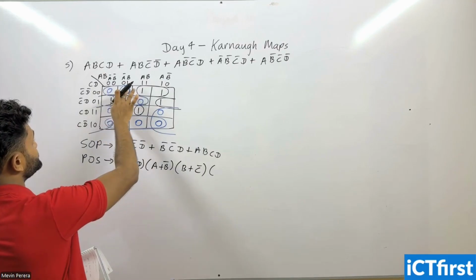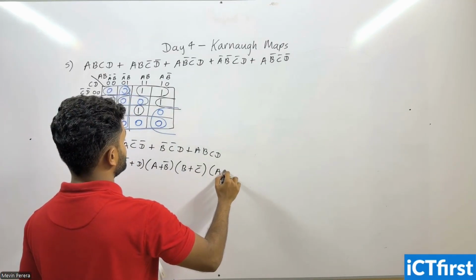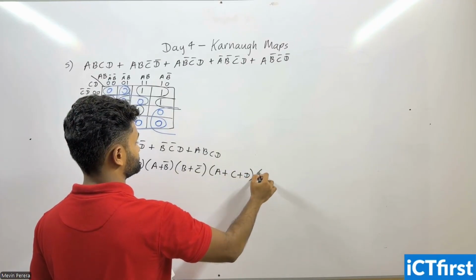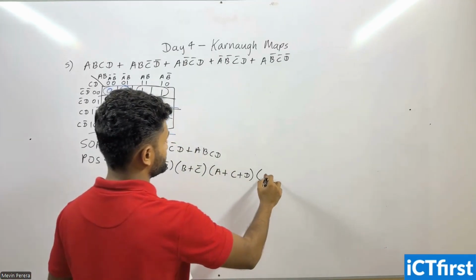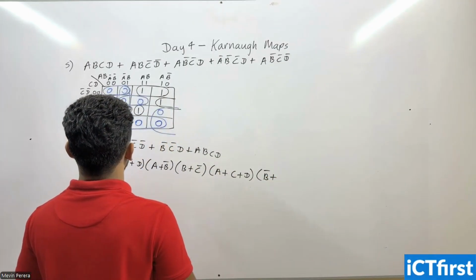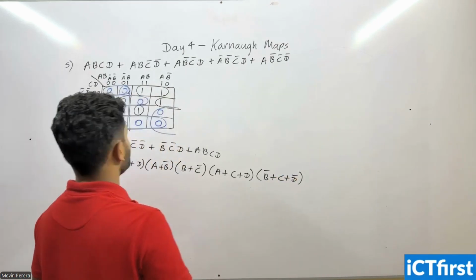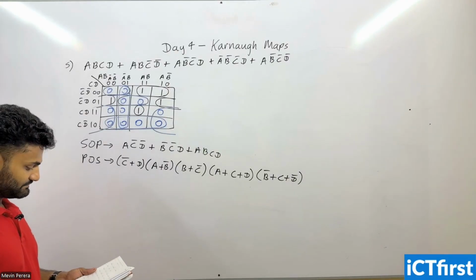Then these two, A bar, that is A plus C plus B. Then this one, the common one is B bar, then C plus D bar. So that's the fifth question, right?